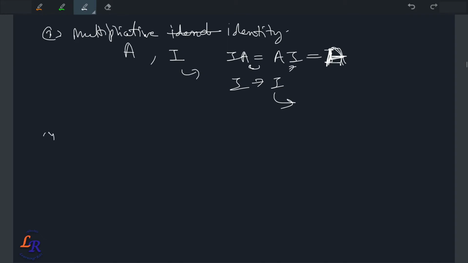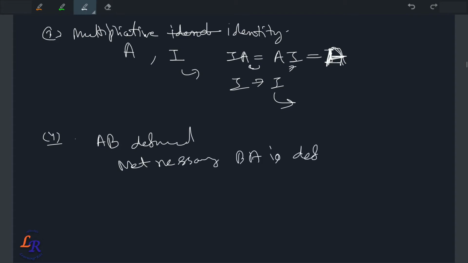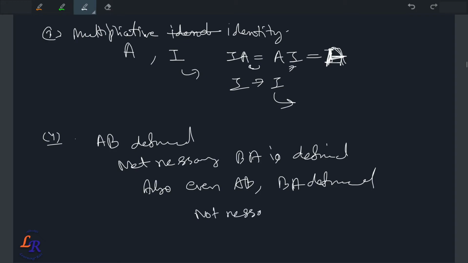And also, as you saw, in addition it follows the commutative law, but in multiplication it doesn't follow the commutative law, because if AB is defined, it is not necessary that BA is defined. And even if AB and BA are defined, it is not necessary that AB is equal to BA.